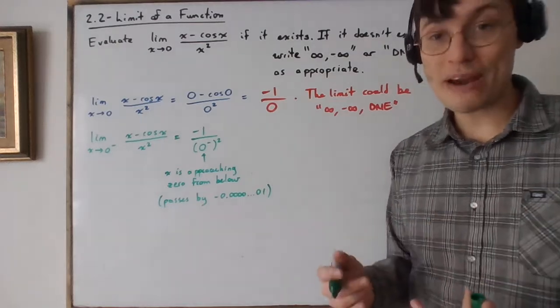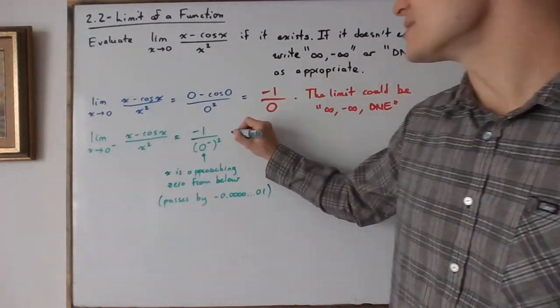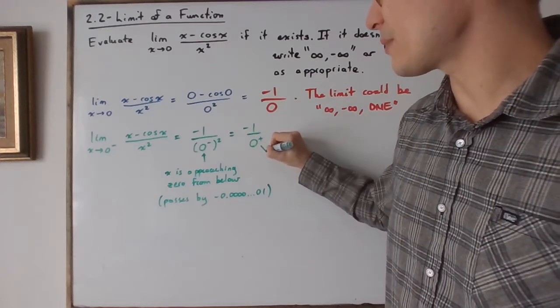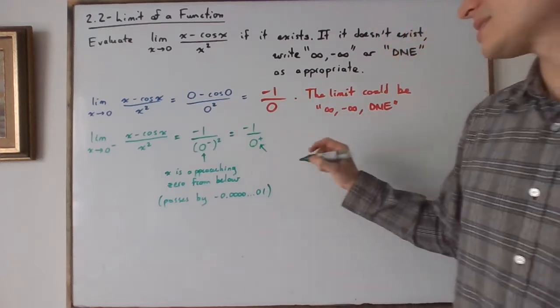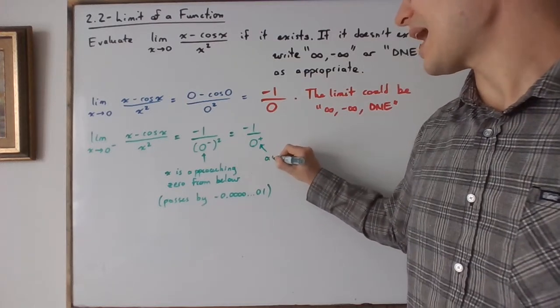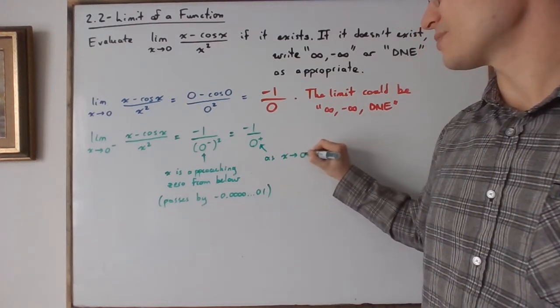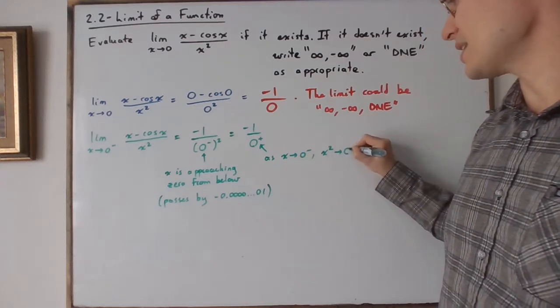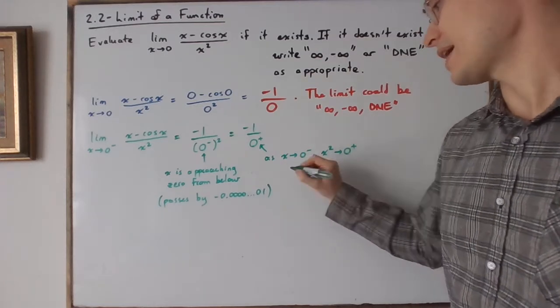But as you square this, it's going to approach 0 from above. The reason I write 0 from above here is because as x approaches 0 from below, x squared approaches 0 from above.